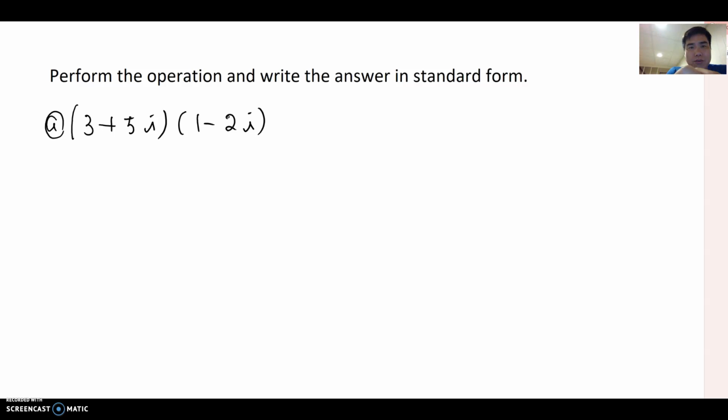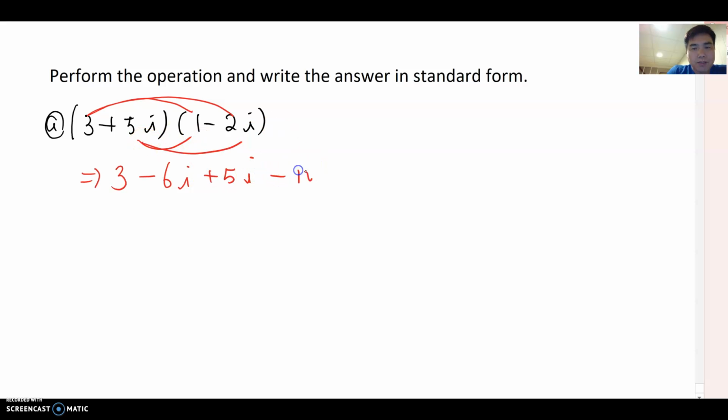So let's fold them out. 3 times 1 becomes 3. 3 times negative 2i becomes negative 6i, plus 5i and minus 10i squared. Okay, so combine like terms, then this is going to be 3 minus i minus 10i squared, right?